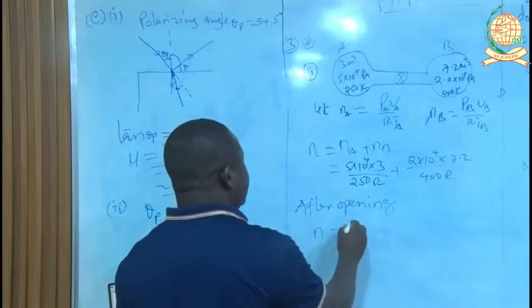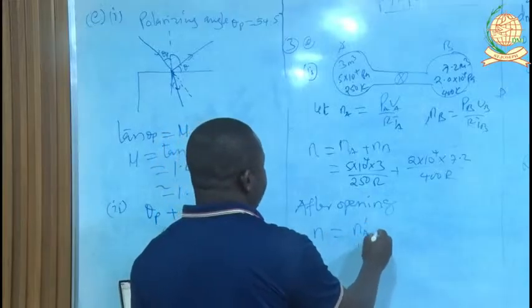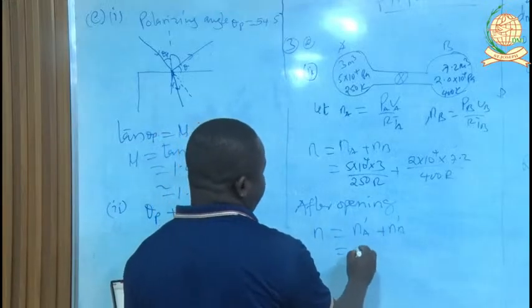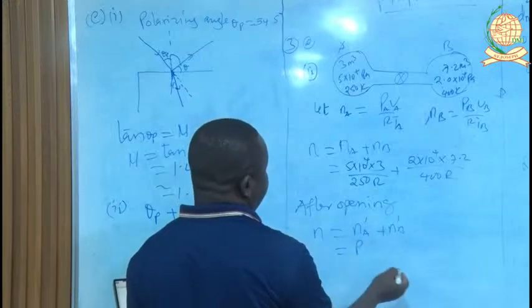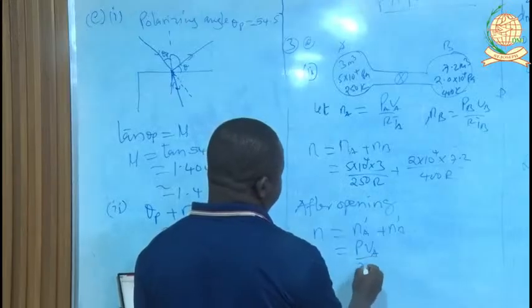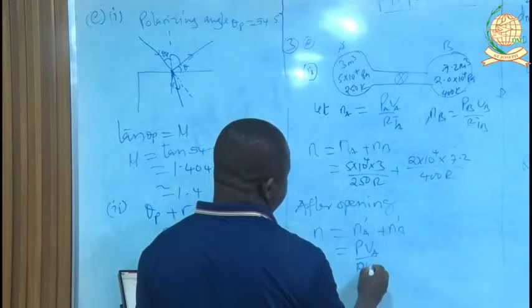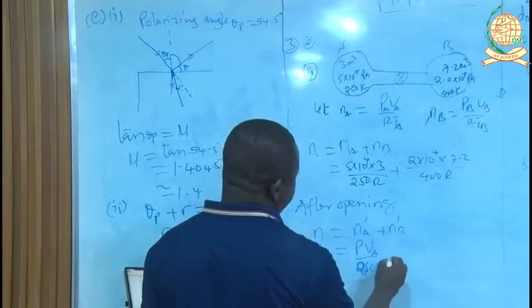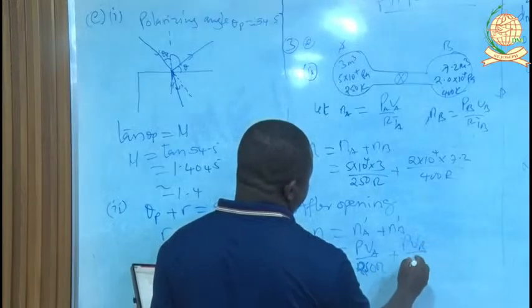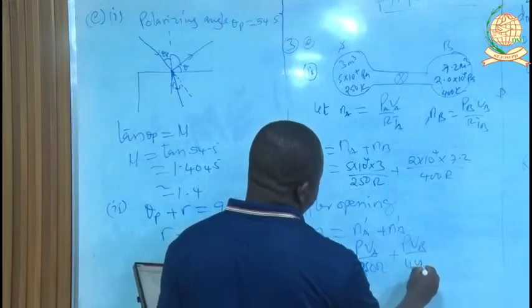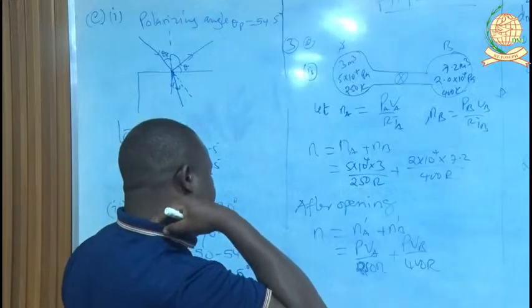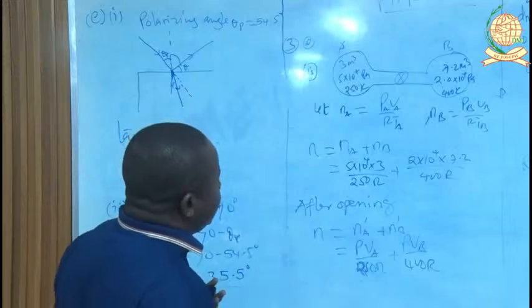After opening, again the total number of moles will be N_A plus N_B bar. But what is N_A this time? N_A this time is the pressure times the volume of A over R times 250 temperature, and this one is P V of B over 400 R, because we are told the pressure, the temperature of the system remains the same.